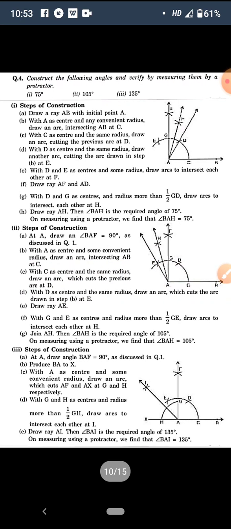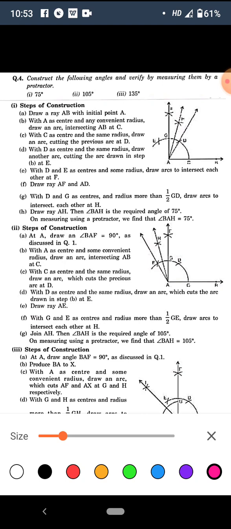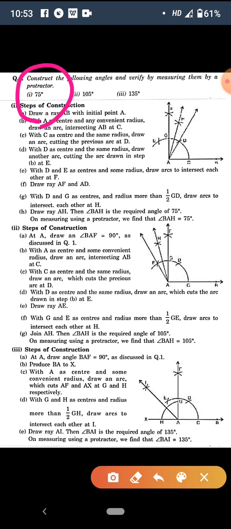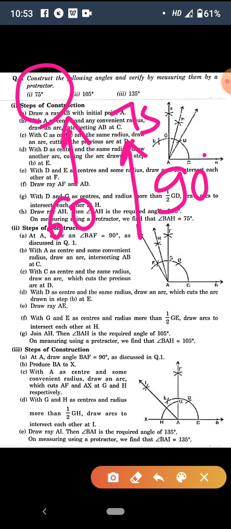Okay, fine. Next is 75, 105 and 135. So for doing this question, you must be clear that 75 degree, in what two angles these 75 degree will lie. 75 degree will lie between 60 degree and 90 degree. It will lie somewhere between 60 degree and 90 degree.